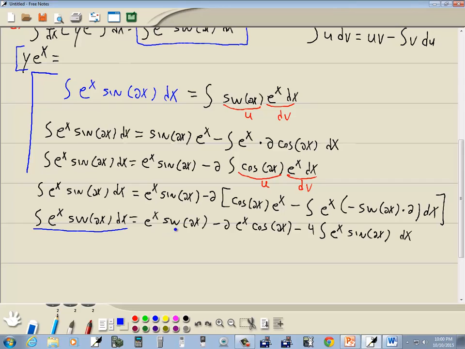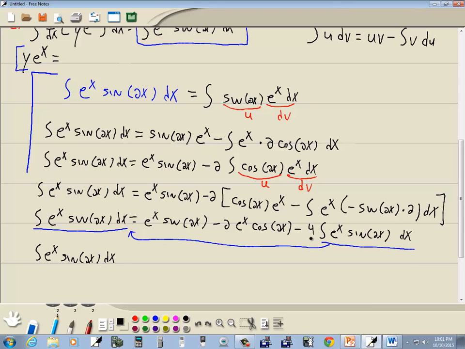This left side that I keep carrying down happens to match this right here. So I can take this right here and move it over to the left side, treat it like a variable, and I'm going to end up with the integral of e to the x sine 2x dx.